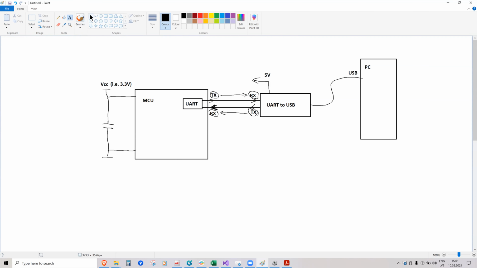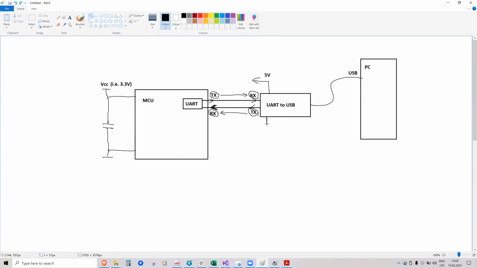And of course, these lines give voltage relative to ground. So always in all UART connections, the third cable is the ground cable. So, okay, the correct way would be to draw it like this.